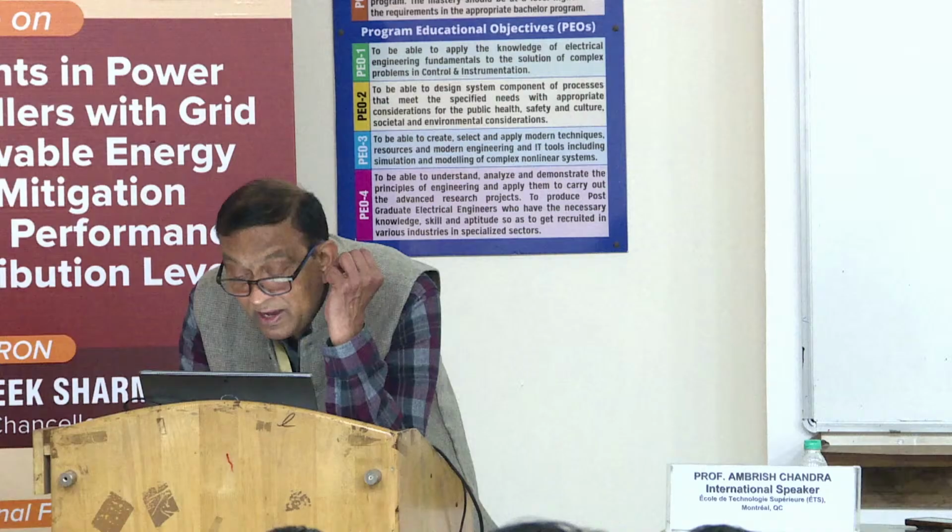They were told to the wind farm operator, okay, disconnect your wind turbine, disconnect your PV. And so what was happening was that these renewable energy sources were supplying only the active power. So if you have a load which needs active power, harmonics, reactive power, everything was coming from the grid.